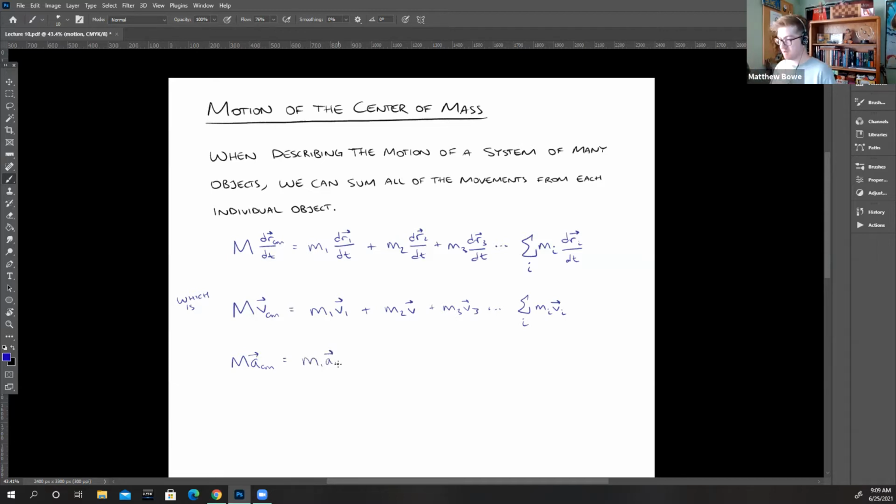The mass of the first particle times its acceleration, plus the mass of the second particle times its own acceleration, third particle, and the acceleration that it's feeling. That's just the summation of all of the masses and all of the accelerations.